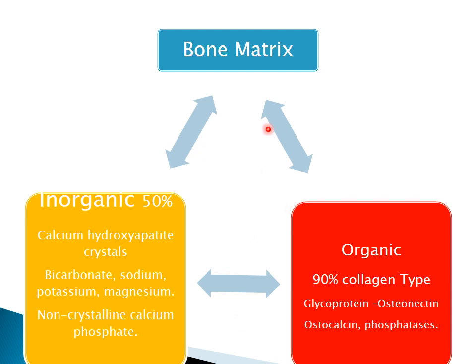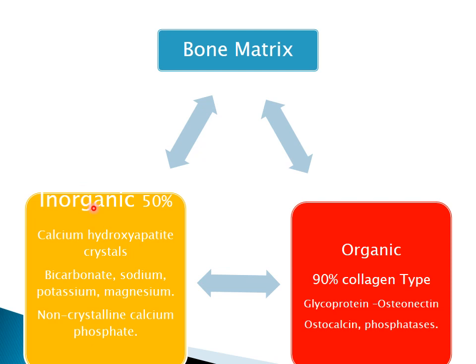Now, the bone matrix is composed of the organic and the inorganic part. Ninety percent of the organic component of the bone matrix, of the dry weight of the bone matrix, is made up of the collagen type 1 fibers. And in this, multi-adhesive glycoproteins are also present, like the osteonectin, and calcium binding proteins, which are the osteocalcin and phosphatases.